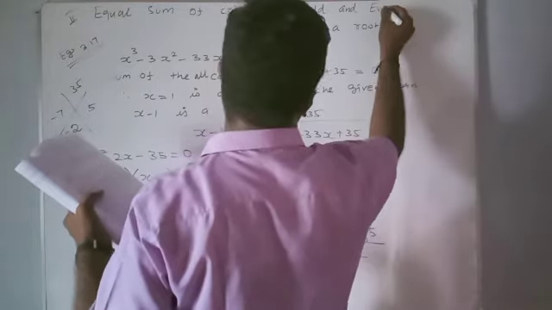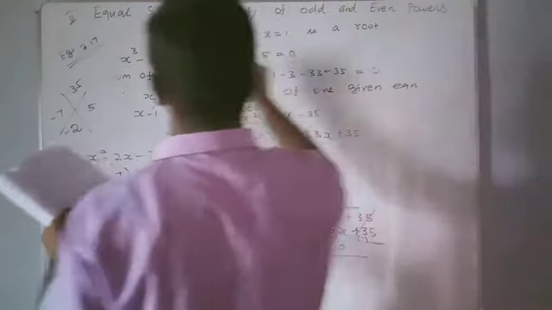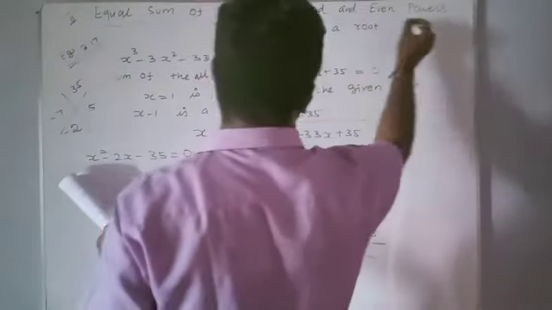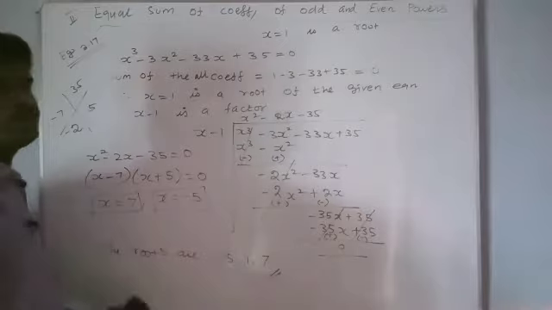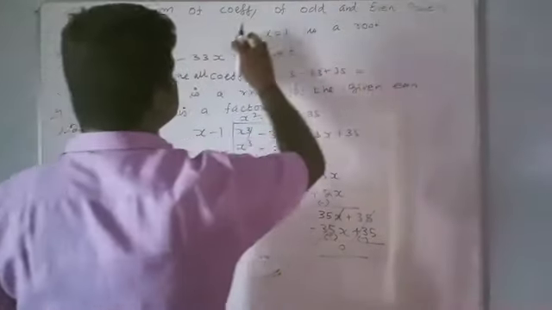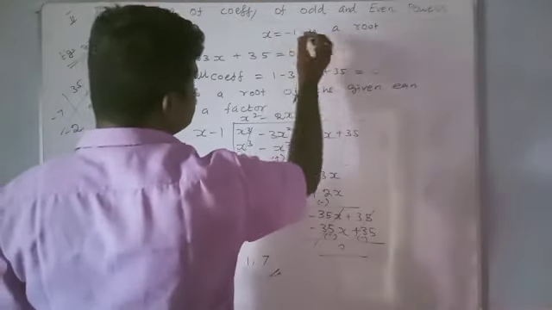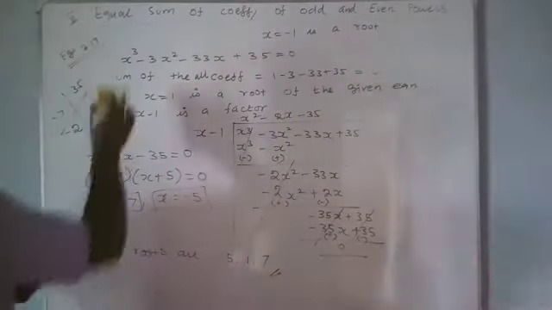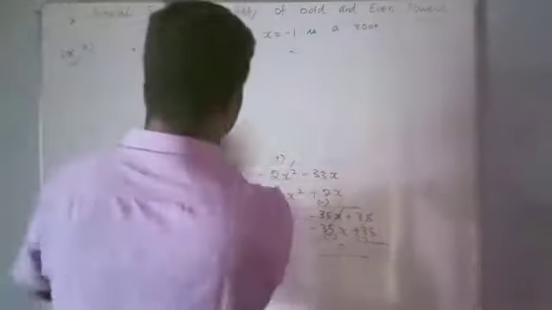If the sum of the coefficients of odd and even powers are equal, therefore x equal to minus 1 is a root. This is the method of solving.